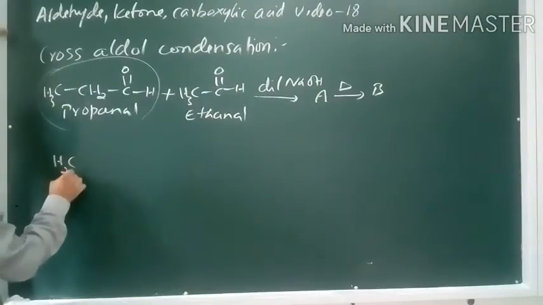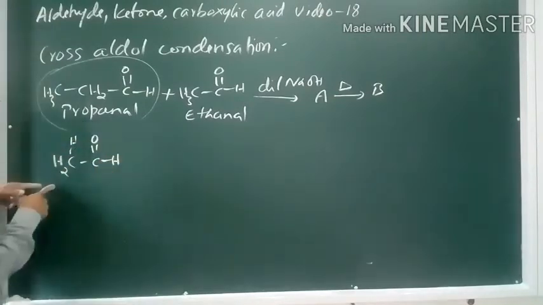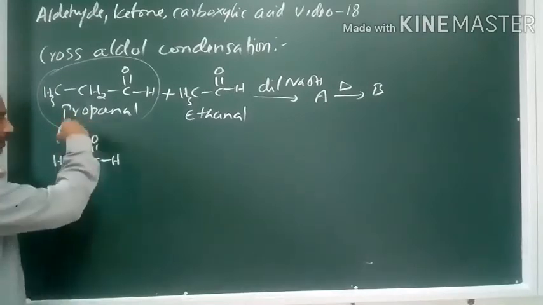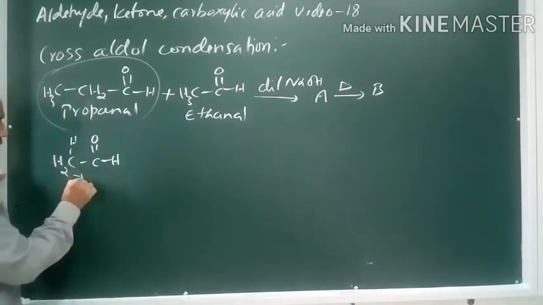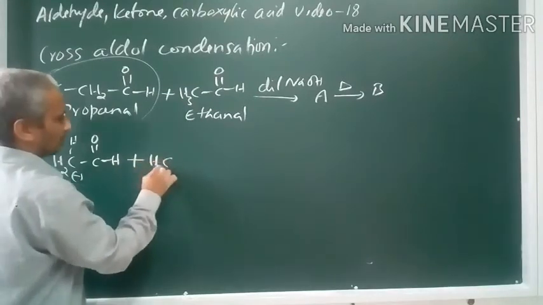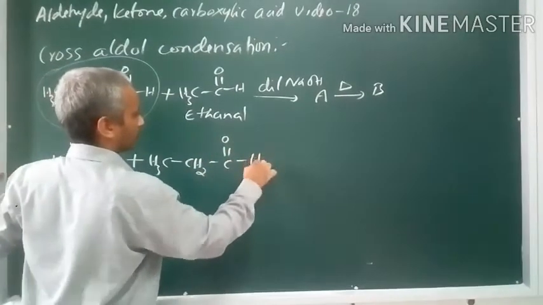CH3 CHO, ethanal, that also has the alpha hydrogen. So this can be taken by the OH minus, so that this will become minus, plus CH3 CH2 CHO.